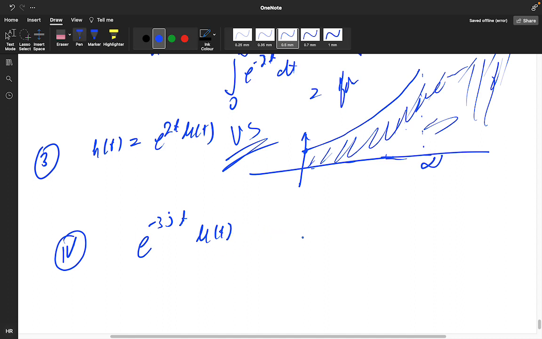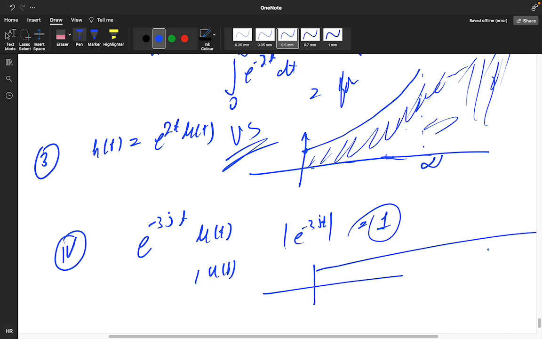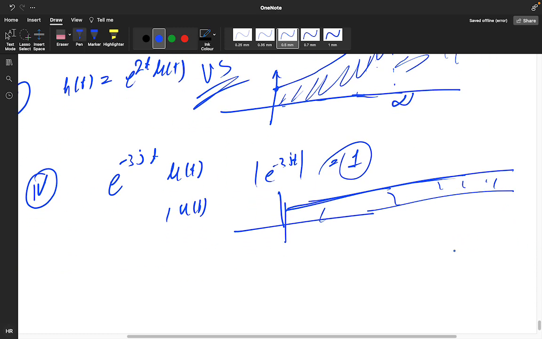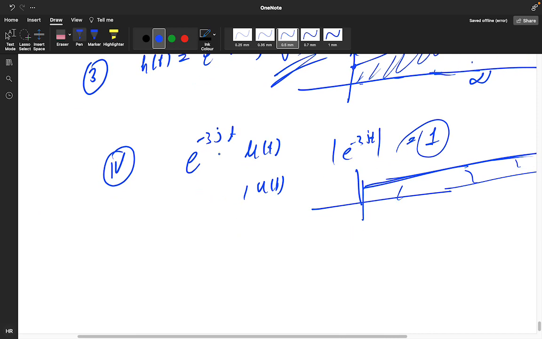If you find the magnitude, what you will get? E power minus 3jt magnitude is 1 only. So you are getting 1 times u of t, and 1 u of t is like this, means it's going like this. So this area we cannot find, so this is unstable.